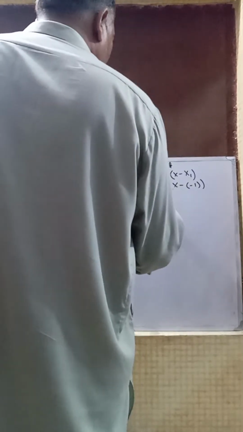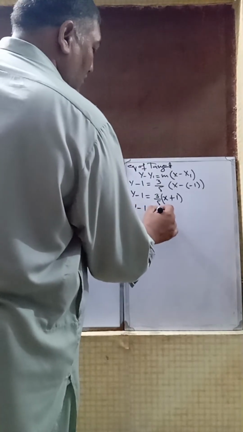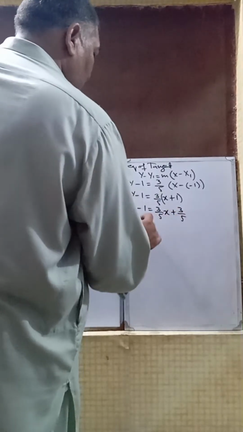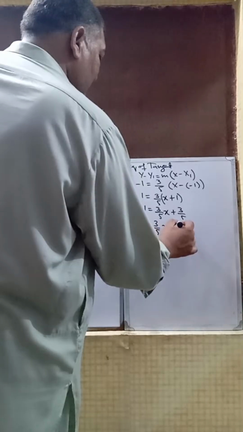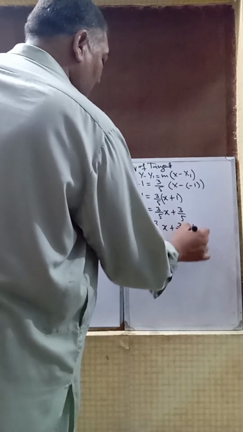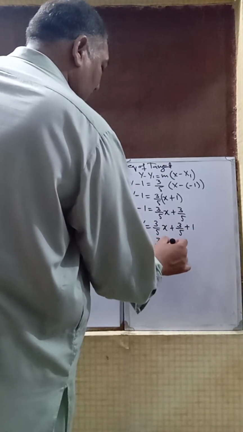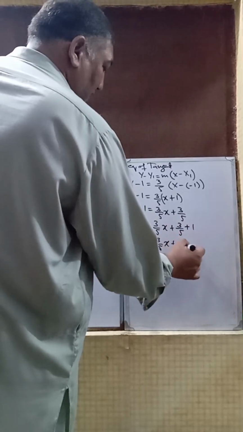Okay, so this becomes y minus 1 equals 3 by 5x, sorry, this becomes plus 1. So y minus 1 equals 3 by 5x plus 3 by 5. So y equals 3 by 5x plus 3 by 5 plus 1. So y equals 3 by 5x plus, this becomes 5, 5 and 3, 8, 8 by 5.